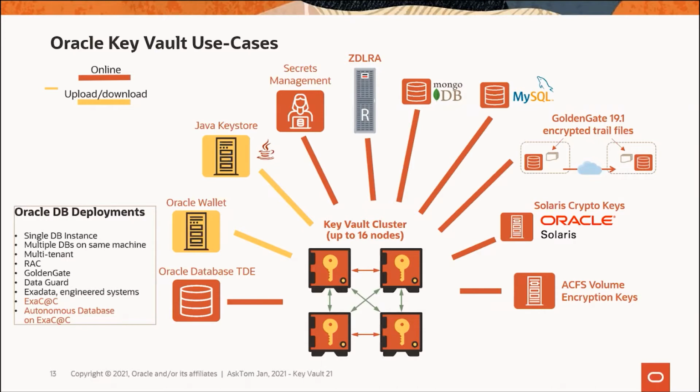You know that Key Vault is basically purpose-built to provide key management for Oracle TDE-enabled databases. And if we start from the right and turn left, we do online key management for ACFS volume encryption keys. We can store the Solaris crypto keys in OKV, and the operating system can grab them when they're needed.